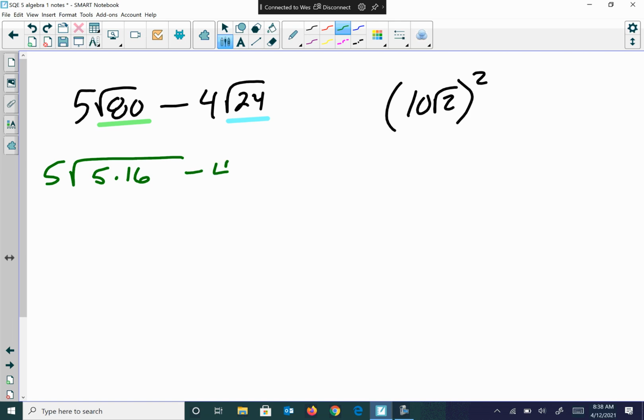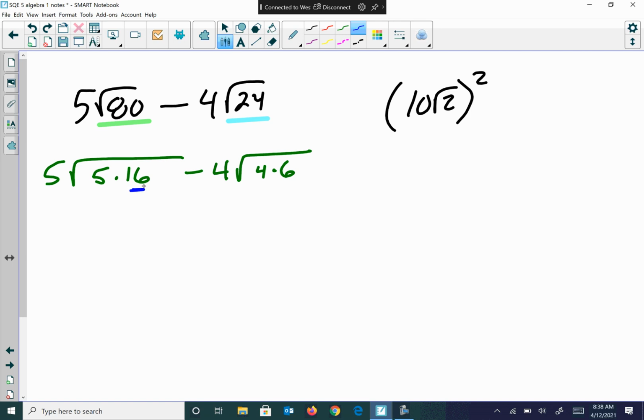Subtract 4. What's my biggest perfect square in 24? Yeah, 6 and 4. Okay. All right. So square root of 16 is what? 4.